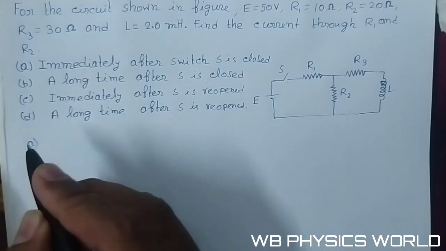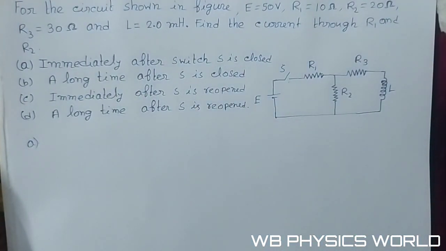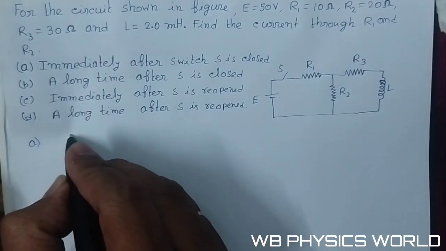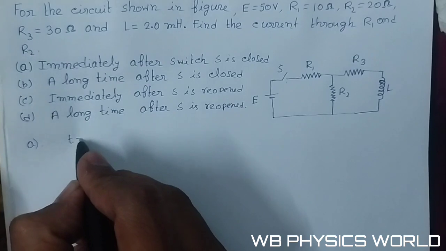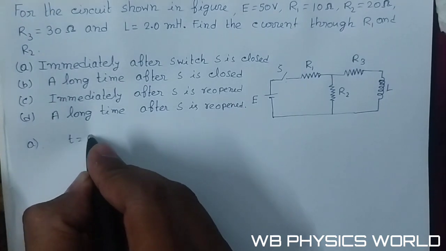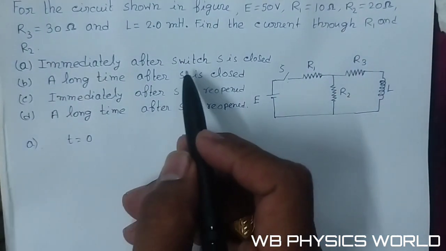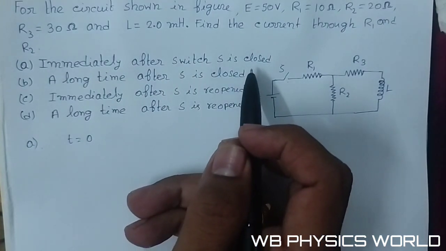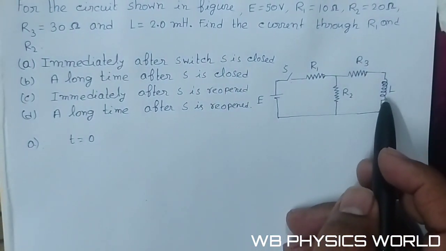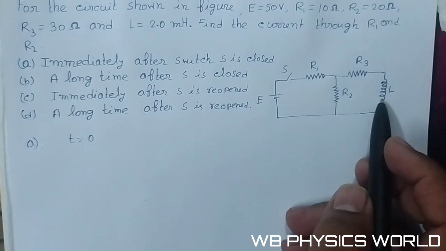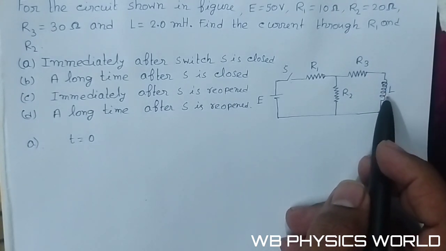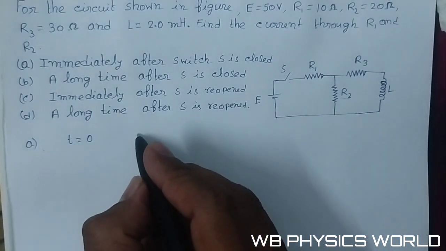First case, immediately after switch S is closed, that is t equal to 0. When the switch S is closed at t equal to 0, the resistance offered by the inductor is infinite.